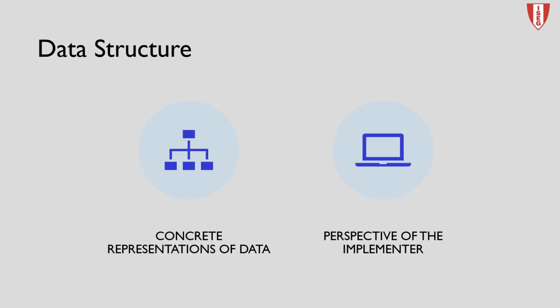A data structure is a collection of data values, the relationship among them, and the functions or operations that can be applied to the data. While the abstract data type is the perspective of the user, the data structure is the perspective of the implementation.